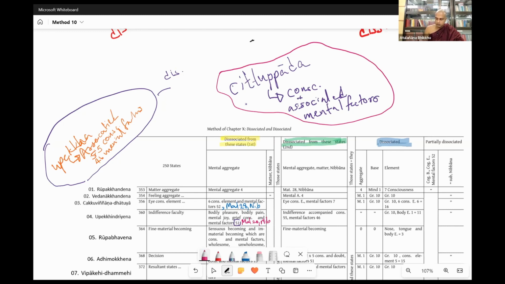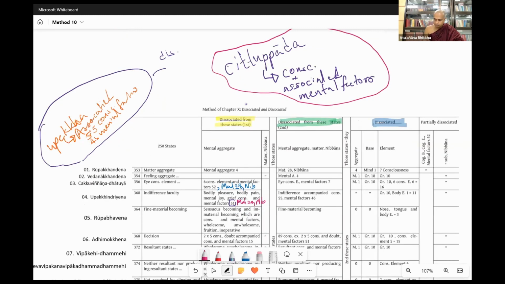So in the second disassociation, with these dhammas, it's the indifference accompanied consciousness. There are 55 of them, and also the mental factors, right?